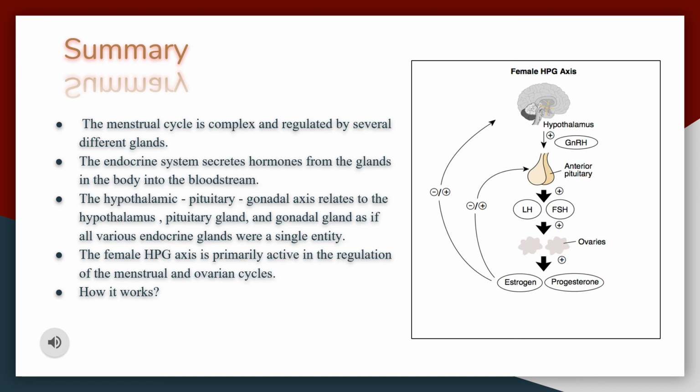The higher level of estrogen and inhibin has a negative feedback effect on the pituitary and hypothalamus. This leads to a decline in gonadotropin releasing hormone, luteinizing hormone, and follicle stimulating hormone, which eventually contributes to a decline in estrogen and inhibin. So that's how it works, and that's all from us.